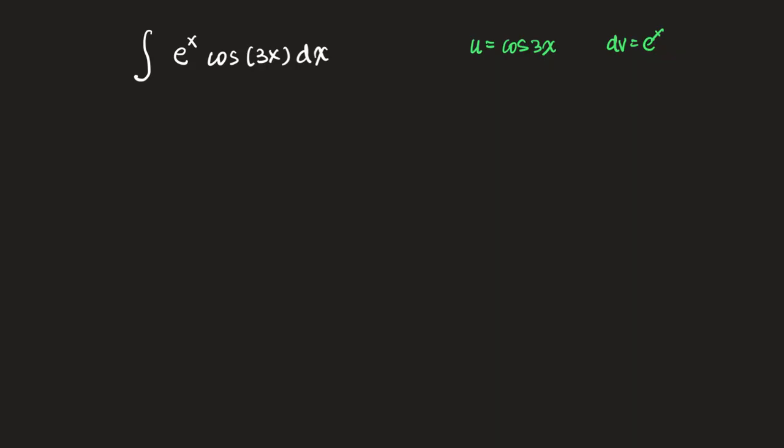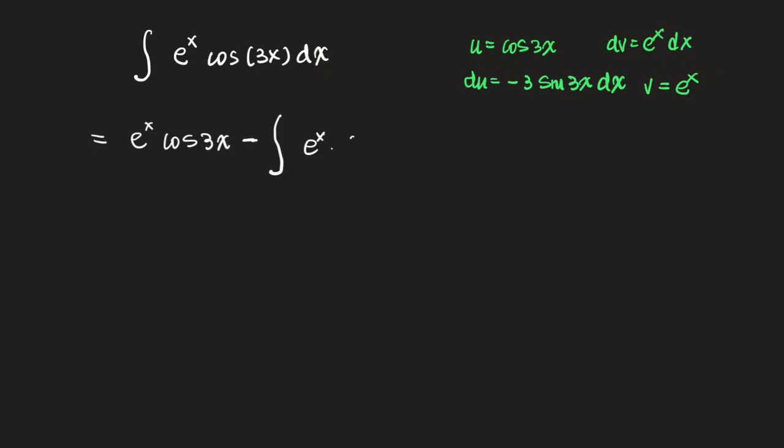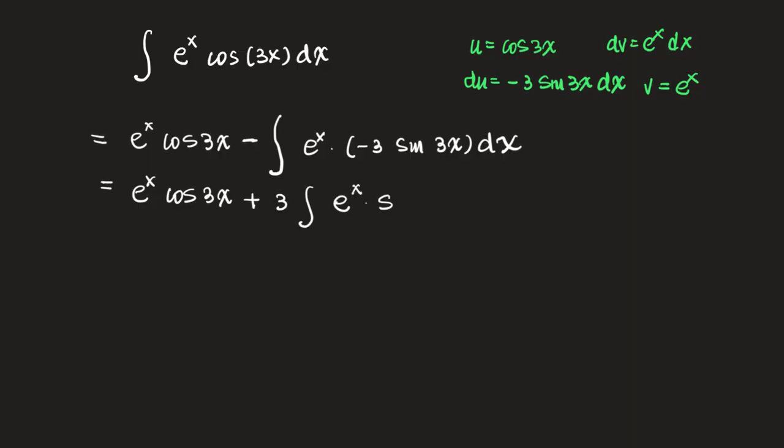So now first step is uv, e to the x cosine 3x minus integral v du, e to the x negative 3 sine 3x dx. Negative, negative, positive: e to the x cosine 3x plus 3 integral e to the x sine 3x dx.